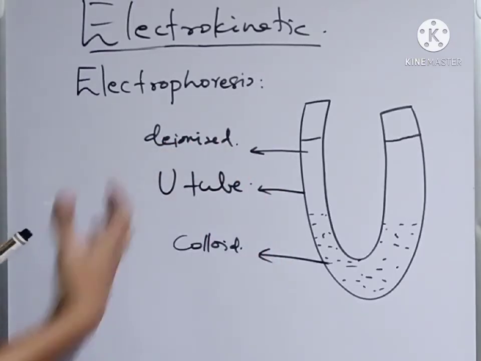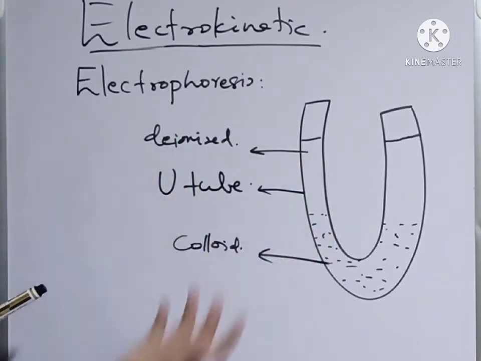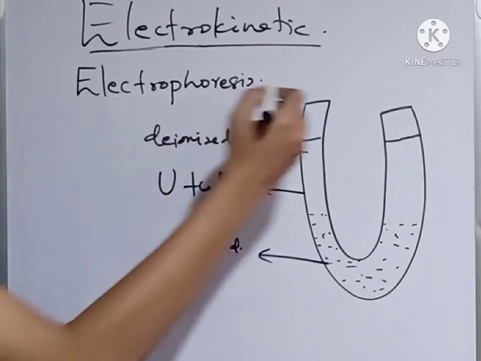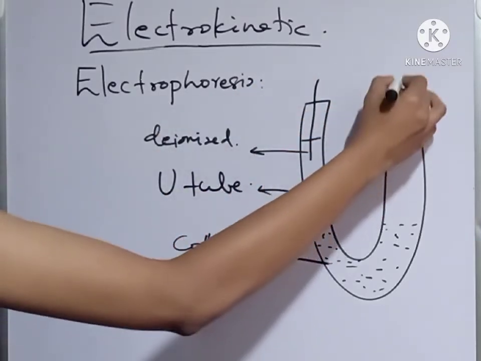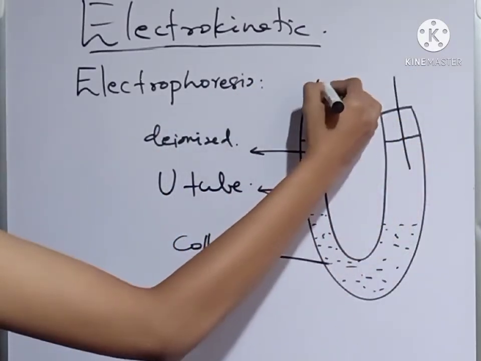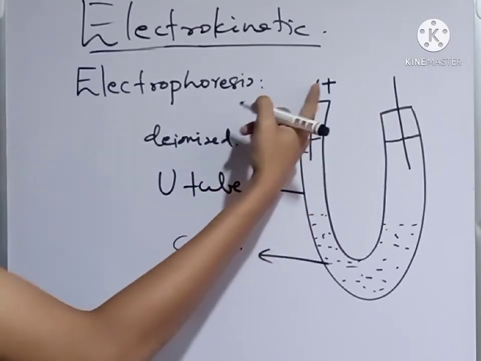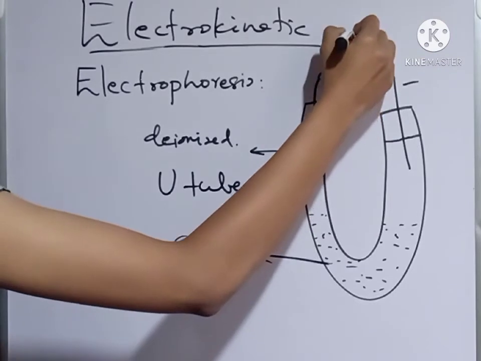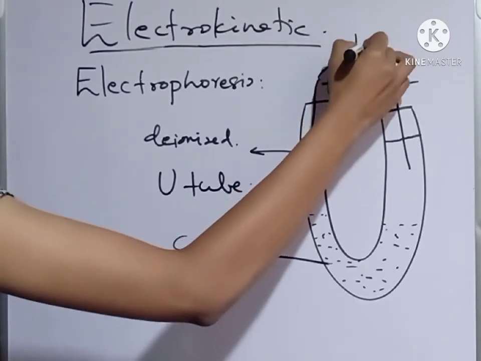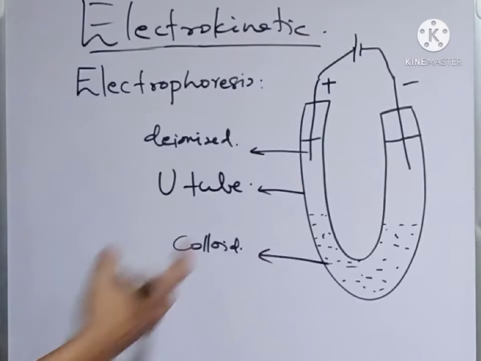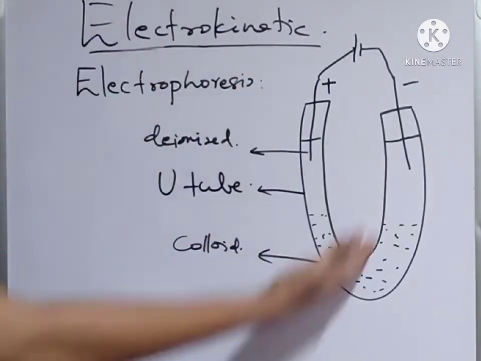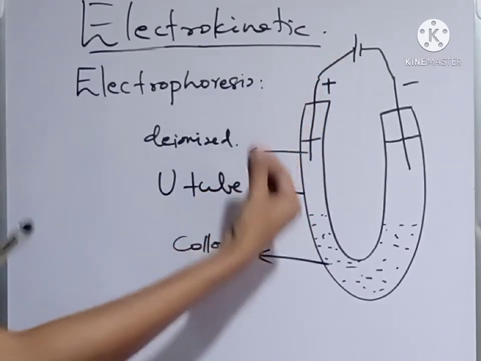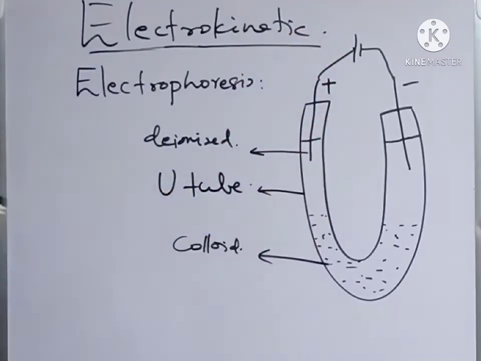Then we have to supply an electrical field to this experiment, so we need two platinum rods. Consider this is positively charged and this is negatively charged, and we are giving some EMF to this experiment.